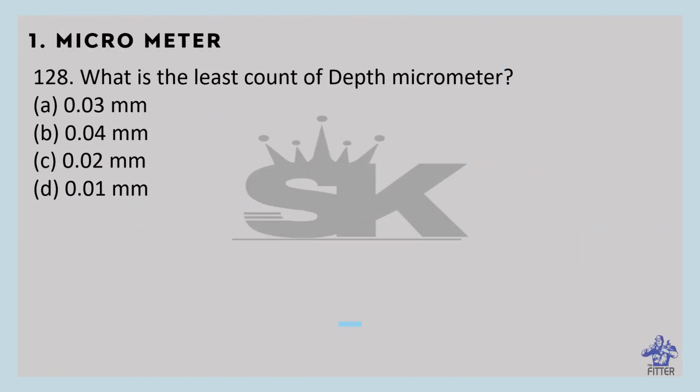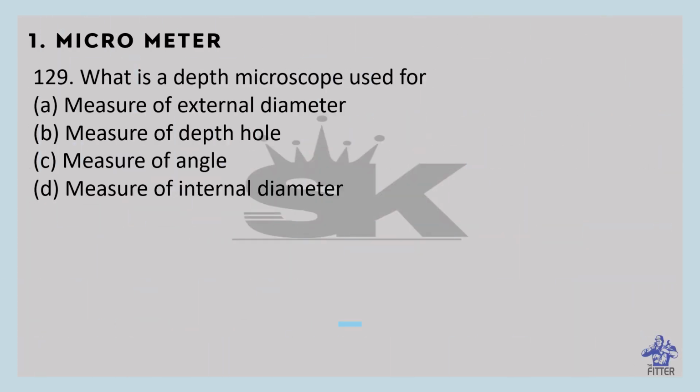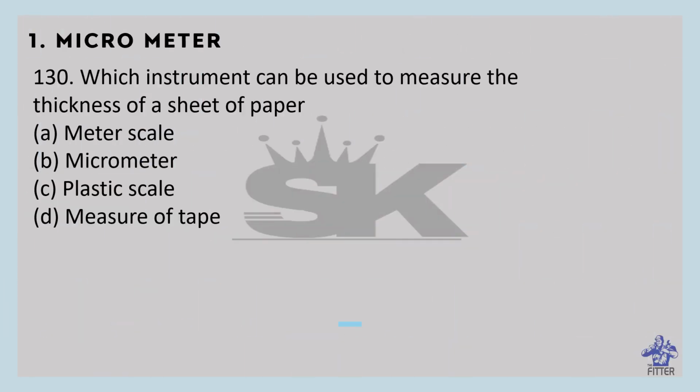What is the least count of a depth micrometer? We know that it is 0.01 mm. What is the depth micrometer used for? It is used to measure the depth of a hole. Which instrument can be used to measure the thickness of a sheet of paper?